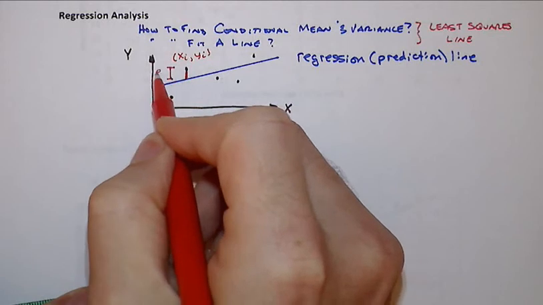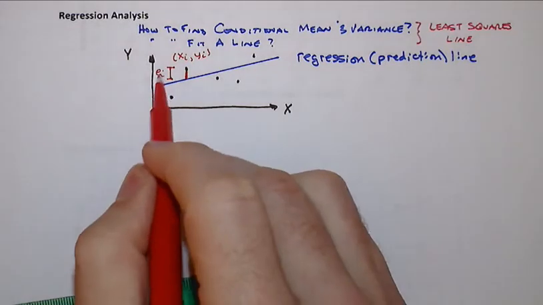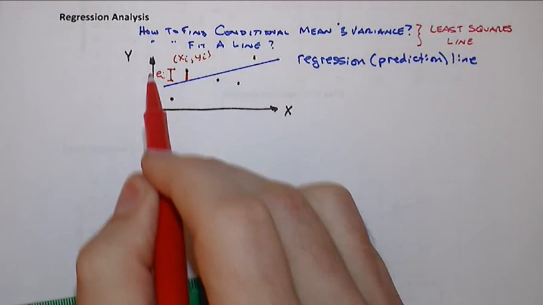Call that E sub i. And we're going to try to minimize the errors after we square them.